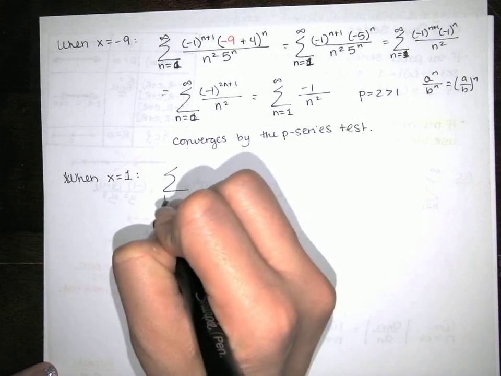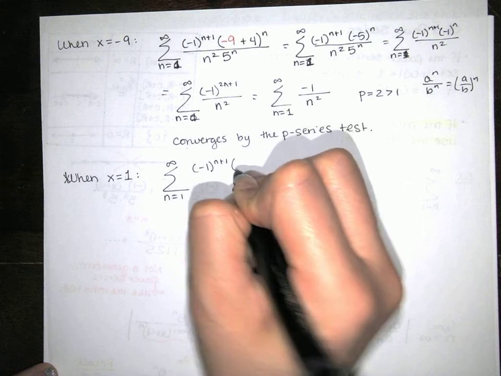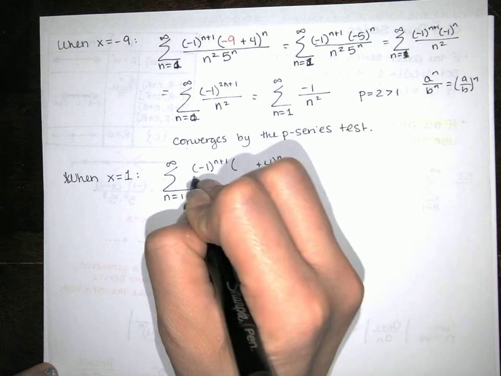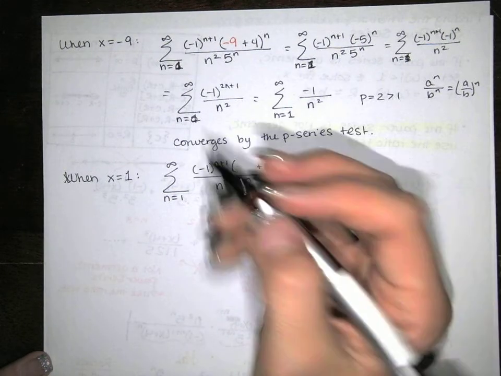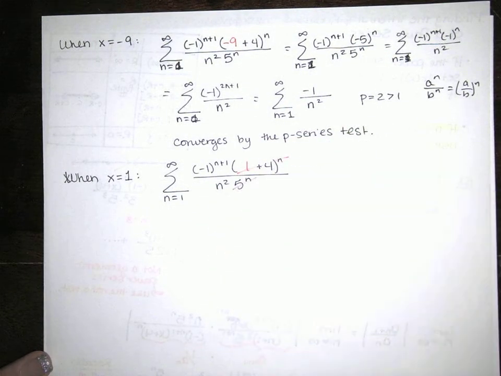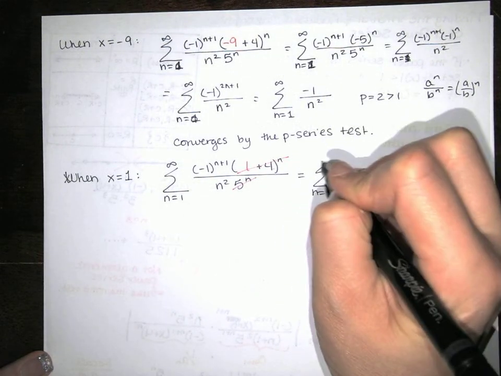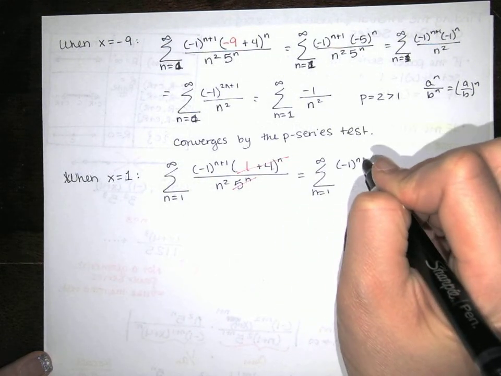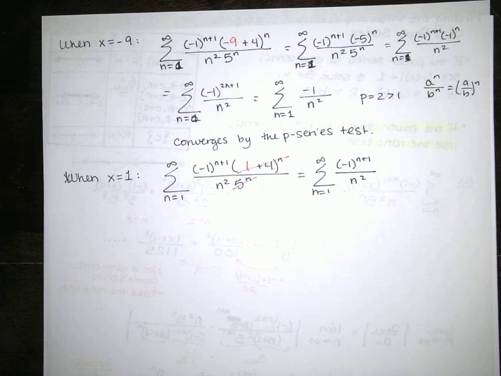And you see what happens. If x equals 1, we have a 5 to the n over 5 to the n, so those reduce. And this we can see right away that it's an alternating series that converges by the alternating series test.